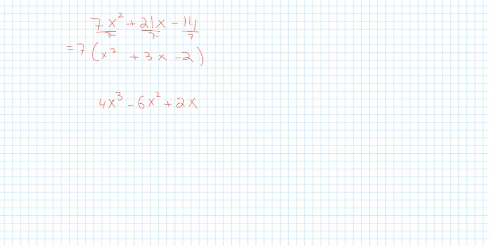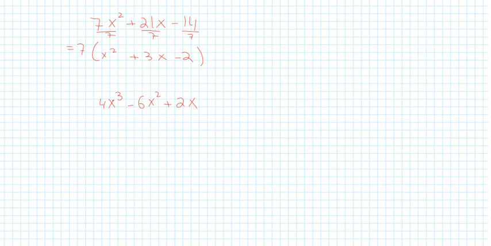Why is it 2x in this case and not only 2? Because all of the terms have x's. And the lowest exponent is 1, so I'm going to take the x with exponent 1, right?